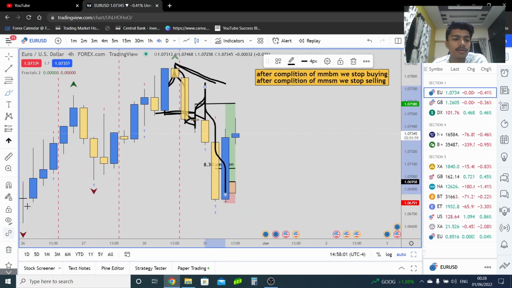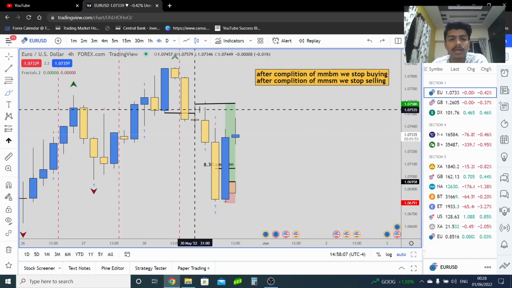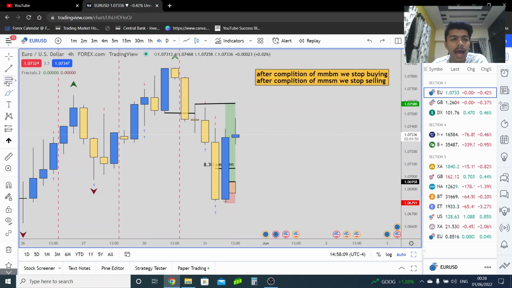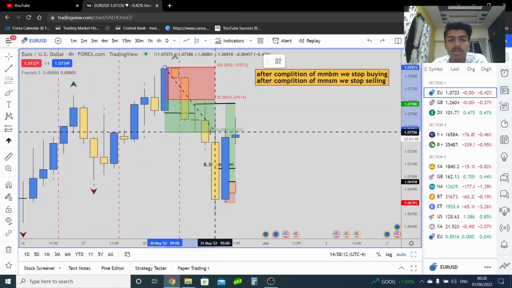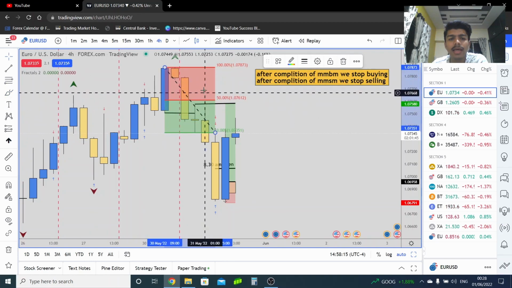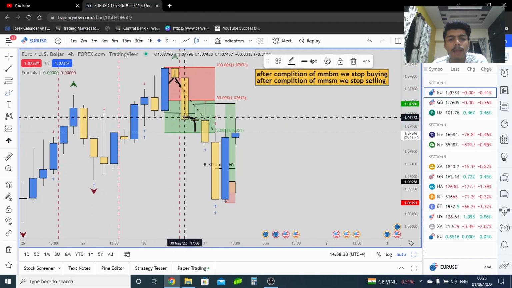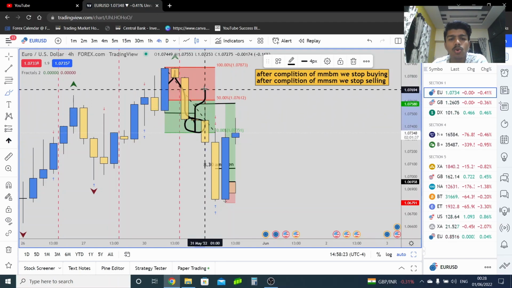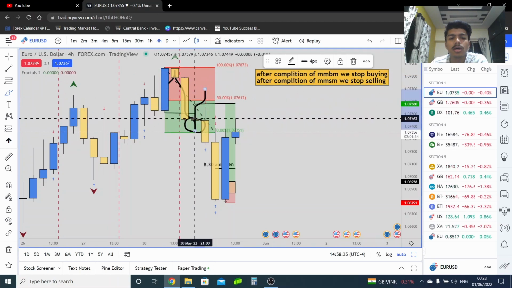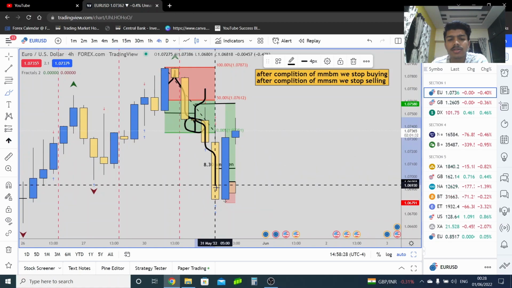Understand? But if you don't get a buy entry over here, and the buys which you enter do not come into the premium area, you are not going to participate in the sells.